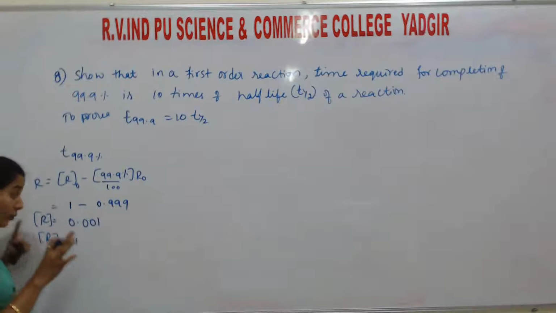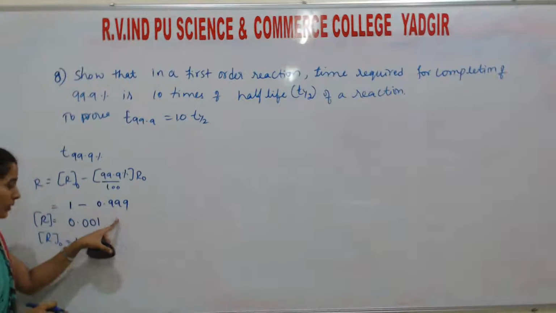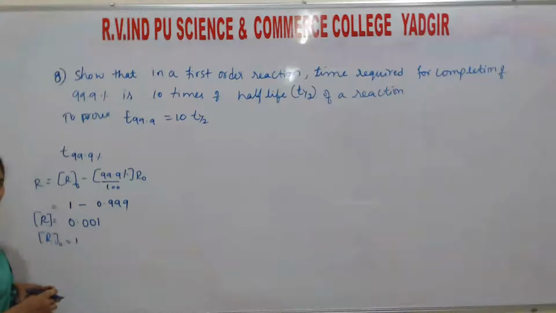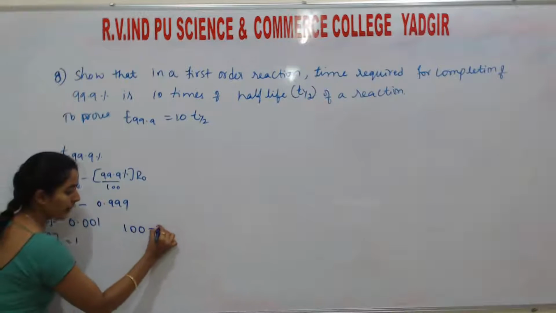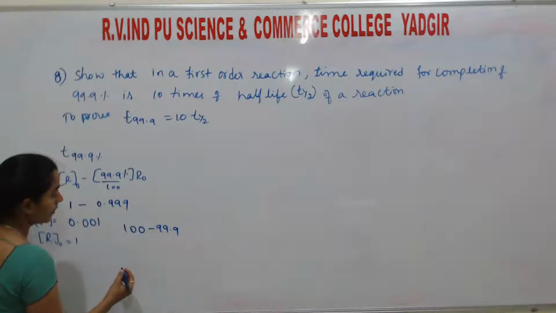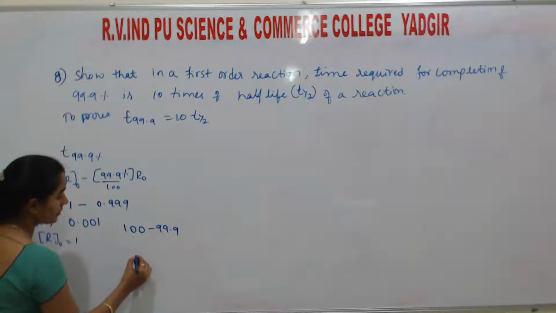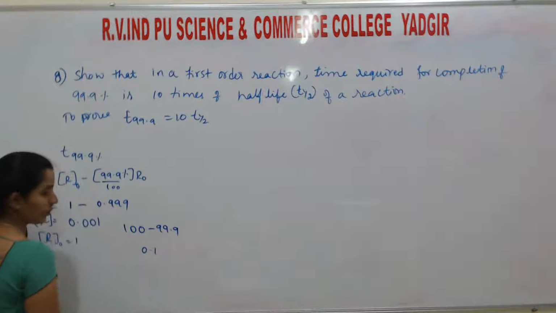Or you may take R0 value as 100, and this one is 99.9%, then what you will get? 100 minus 99.9 means 0.1.